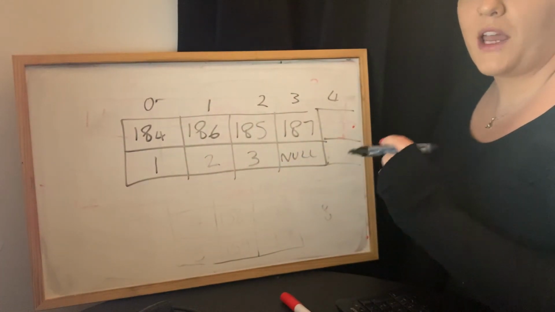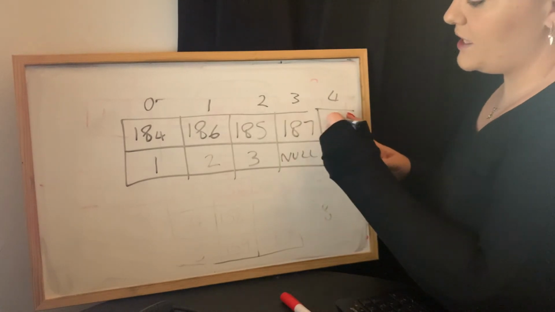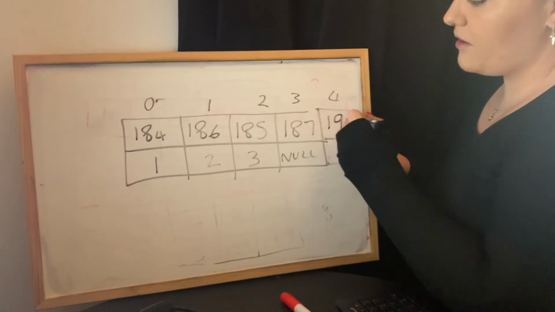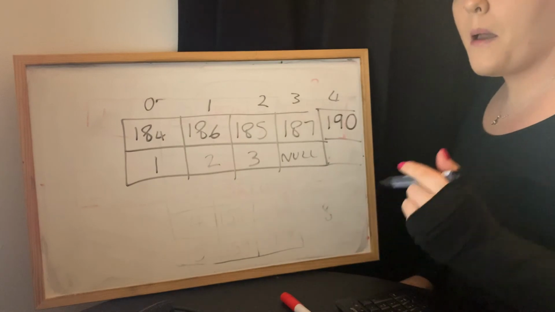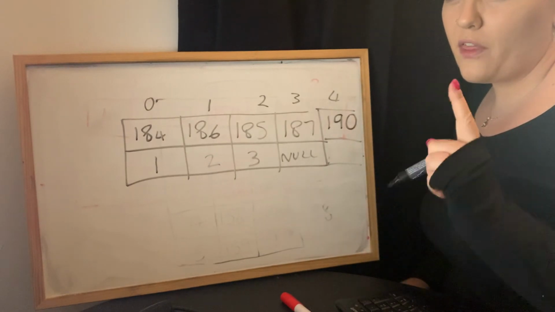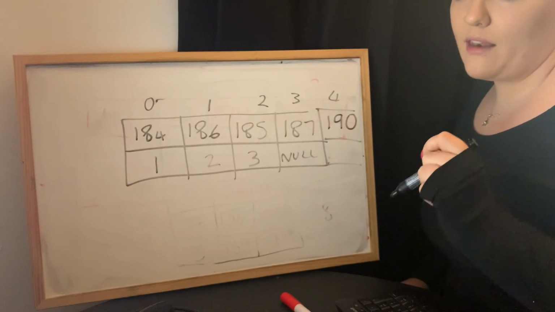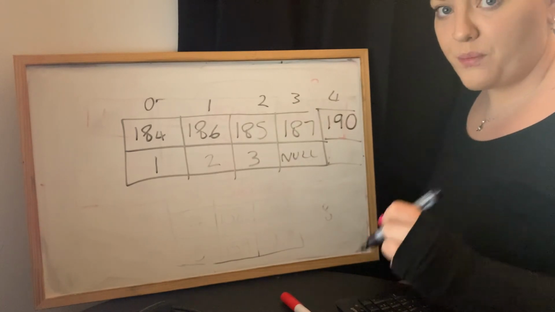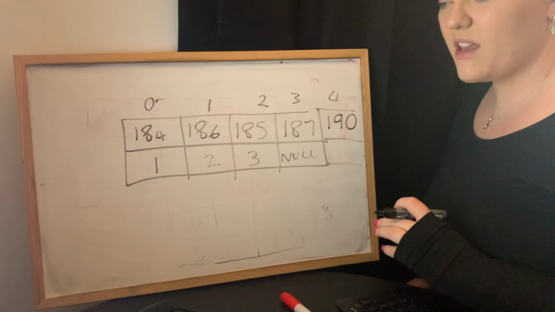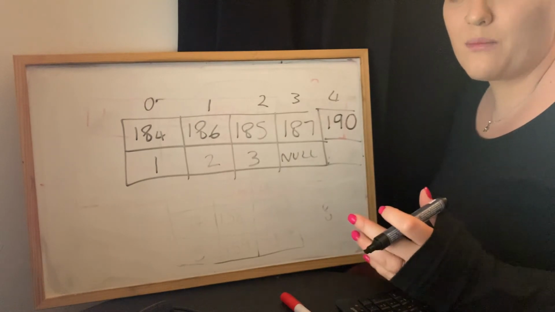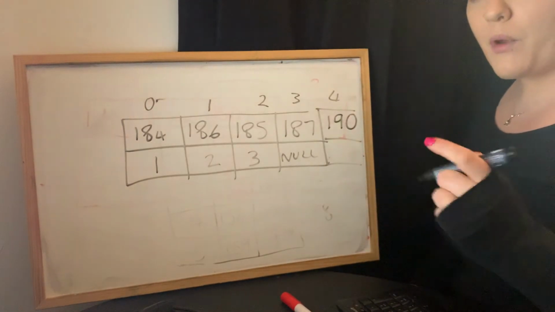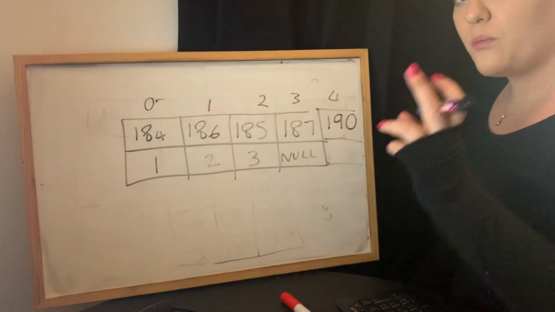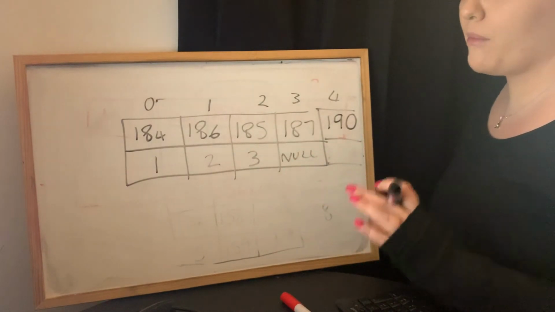So it says, how do we add 190? I know 190 needs to go in the next available space because nothing's been deleted, but now it needs to be the third element in the list. Now that doesn't mean it needs to be in the third index position. You need to take it out of abstract context. It doesn't matter what the index position is, but when I do my trace table in a second, it should be the third number that I get from my list.